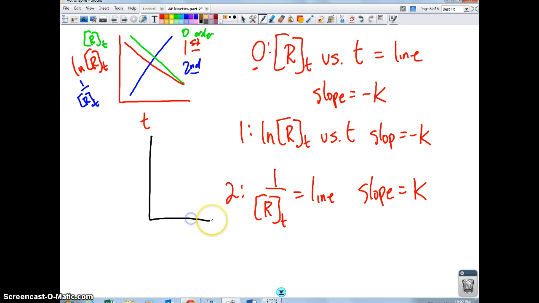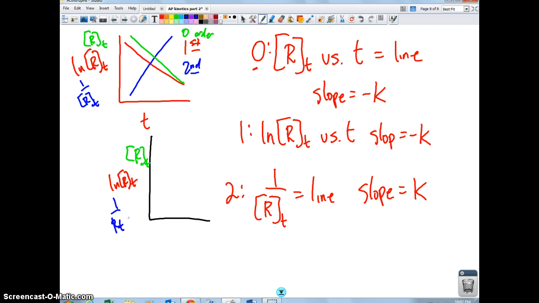So it'll be something like this, and it'll say in green it's R at time t, I messed up. Imagine that. Green is going to be R over t, and then the red is going to be the natural log of R at time t, and then the blue, or purple, whatever color this ends up being, is going to be 1 over R at t.